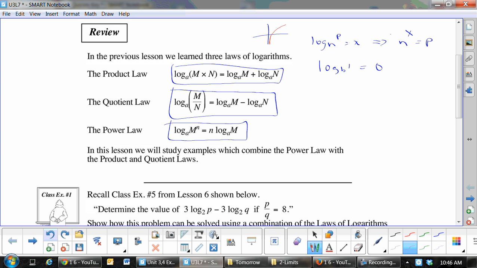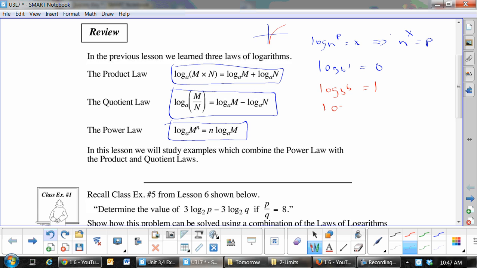Yes? Log b to the b equals... Okay, yes? Log b to the 1 equals 0. What else? Okay, good.